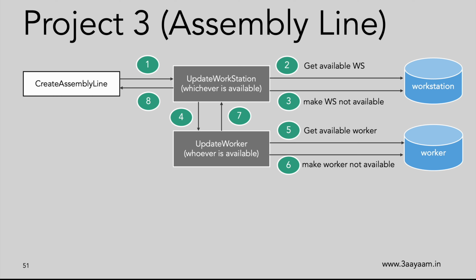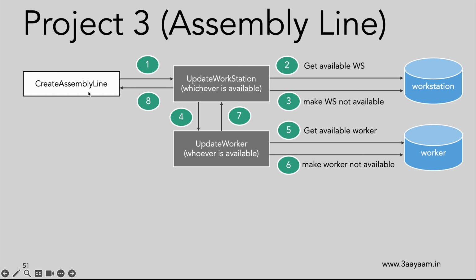Now if you see here, the create assembly line would make a call to this API, which will make a call to the database and make some updates. And after the updates are done, it will make a call to another API. This API would make some call to the database and make some updates. Then it would return a response.